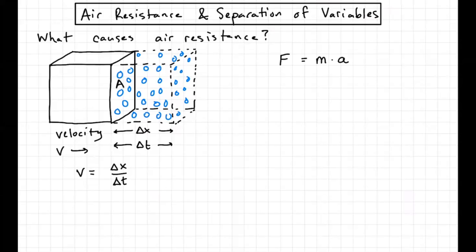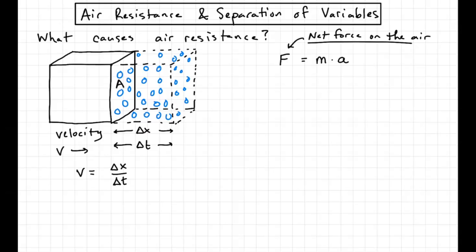So we're going to start looking at how they accelerate to get a sense of what the force is doing. So this is the net force on the air. If we figure that out, then we should know the force of air resistance that this block experiences, because the force on the air will be the same in magnitude as the force that the block experiences here.